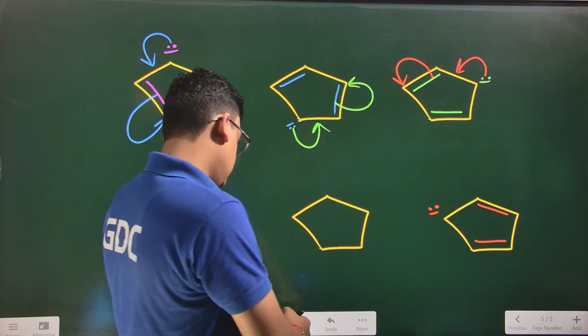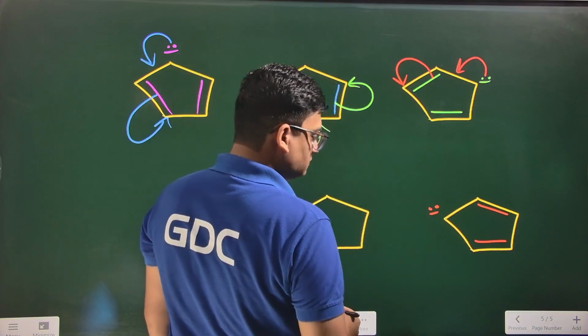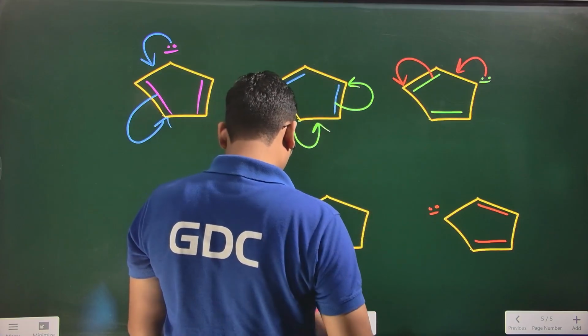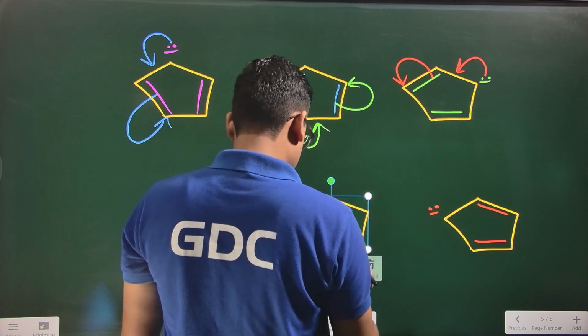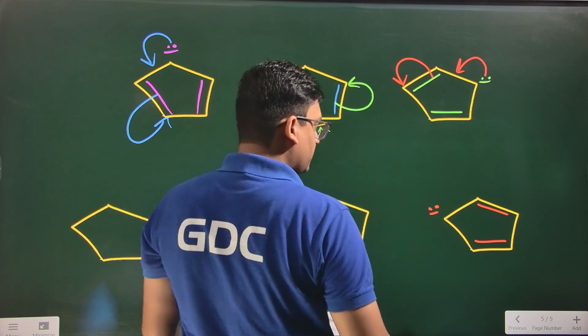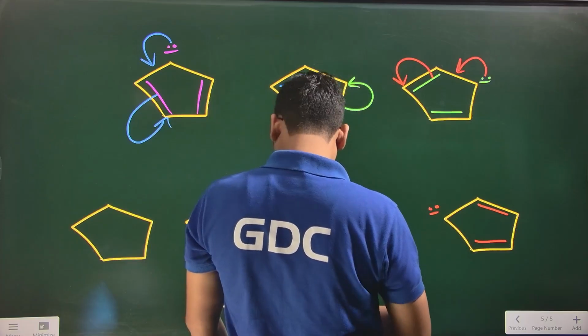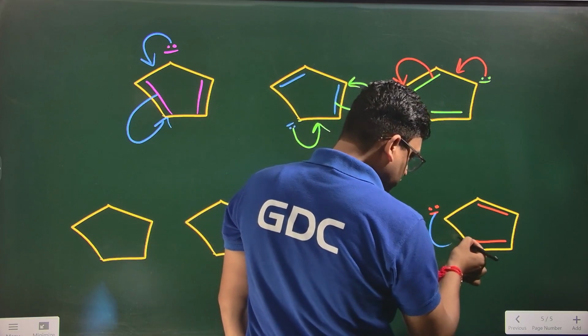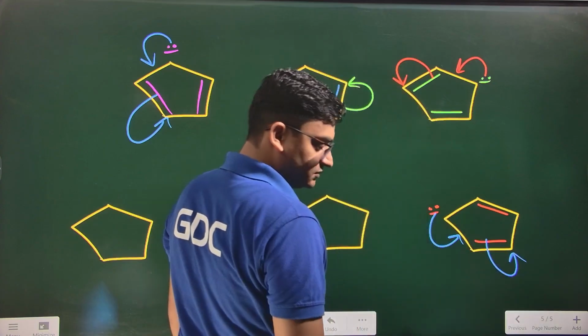Again, let me draw some other copies of it. The negative charge moves to this position and this moves to this position.